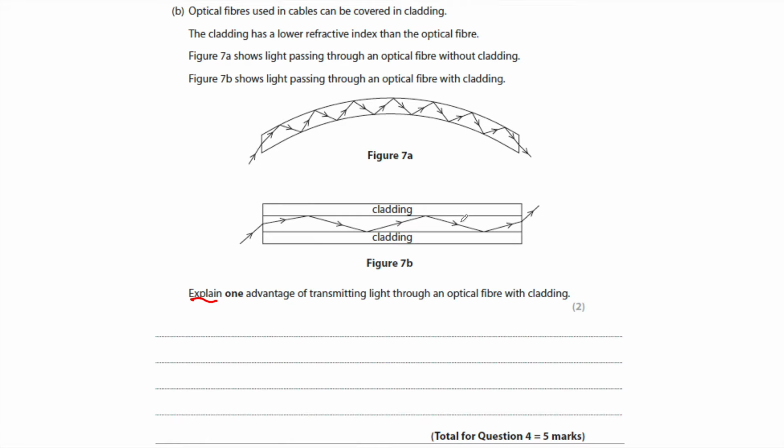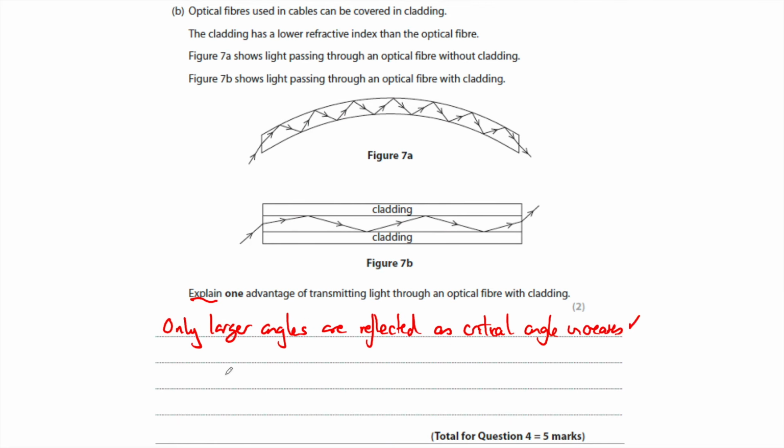Well, for the same length of optical fibre, the distance travelled by the light is much less, and not so much energy of the light is absorbed, and therefore it's not as attenuated, which means that you don't have to boost the signal as often. But this is only worth 2 marks. So what I would say is this: only large angles are reflected as critical angle increases, so less energy is absorbed as the light does not have to travel so far.